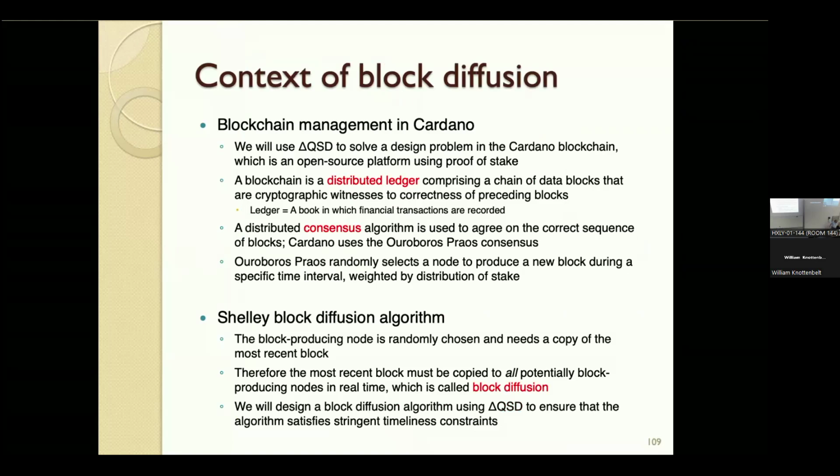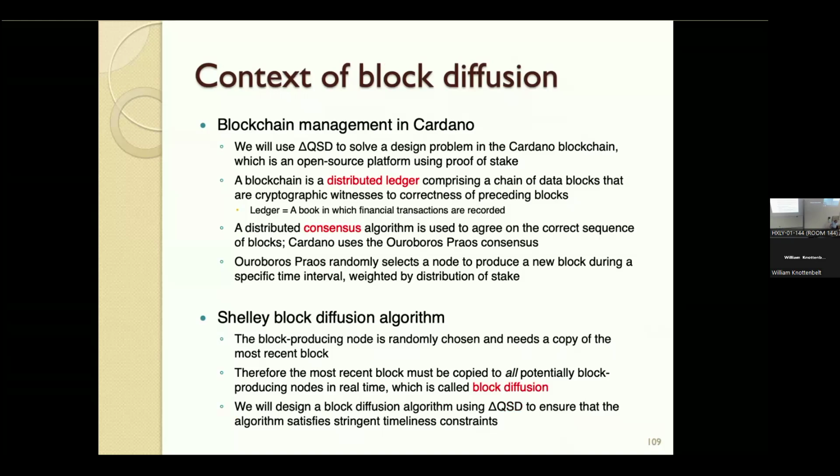A blockchain is a distributed ledger. A ledger is a book in which you record financial transactions. It used to be done on paper, but blockchain is a distributed, secure version of that. It uses a chain of data blocks that are cryptographic witnesses to the correctness of preceding blocks, so it basically guarantees the correctness of the ledger.